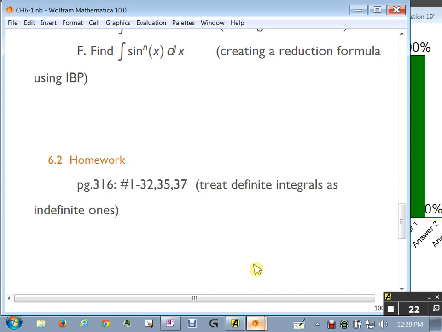That's what I mean when I say treat the definite integrals as indefinite. When you have numbers here, these are called definite integrals. When you don't, they're called indefinite. We have not talked about definite yet.